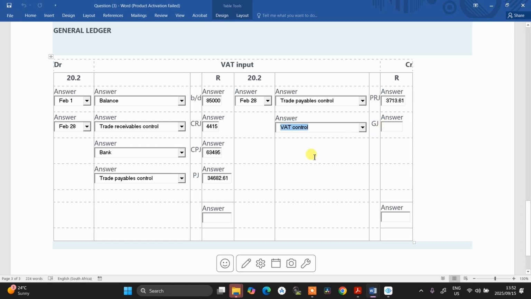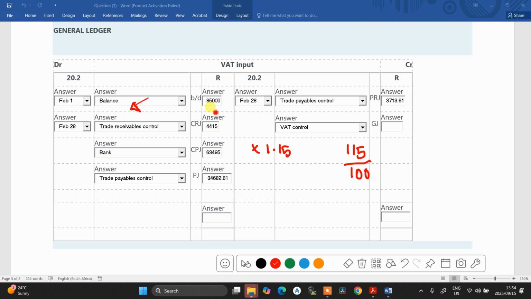Okay, so that is basically how you compile a VAT input account. So let us use our calculators to calculate the values here. Okay, so take out your calculators and add these values here.